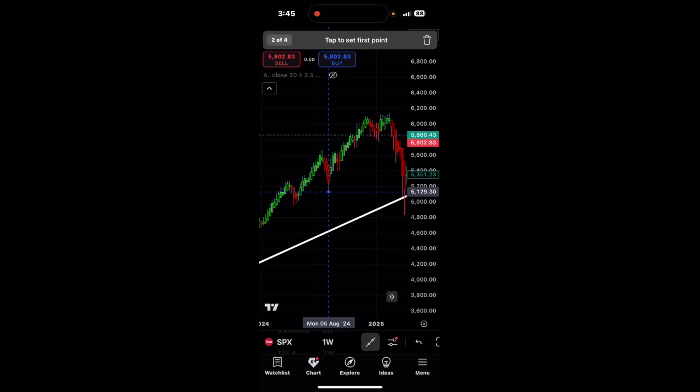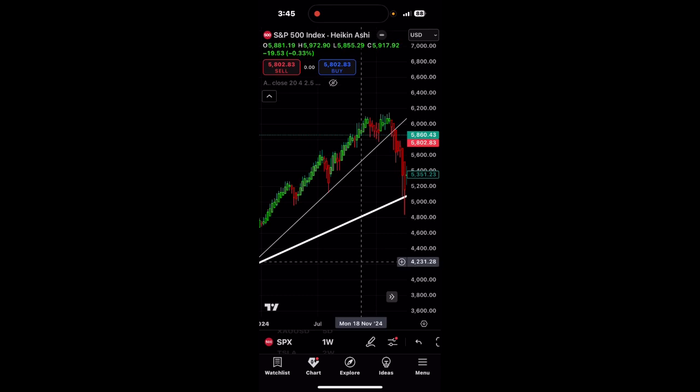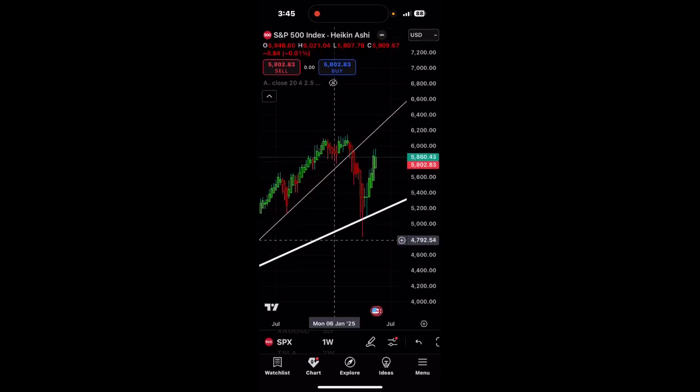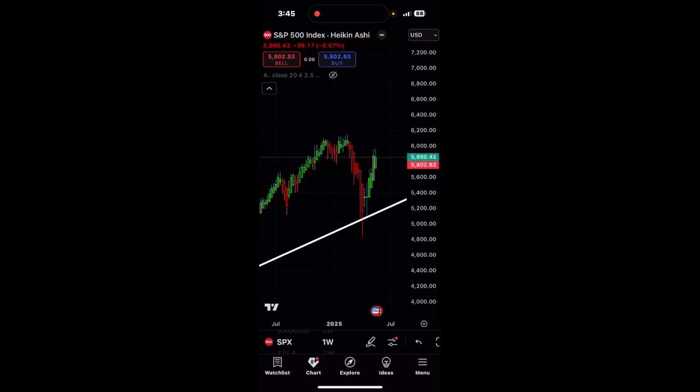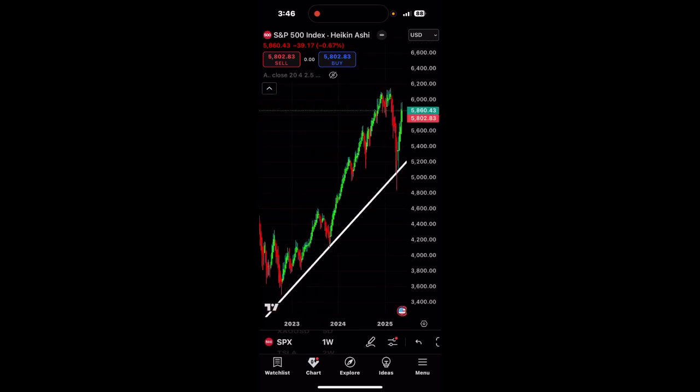Got one right here, and another one right there, but let's make it less thick there. So you see another trend line right here. It touches here, but then it breaks it right here. So that's another one, but the one on the bottom here is the main one. So you would definitely want to go by this one.